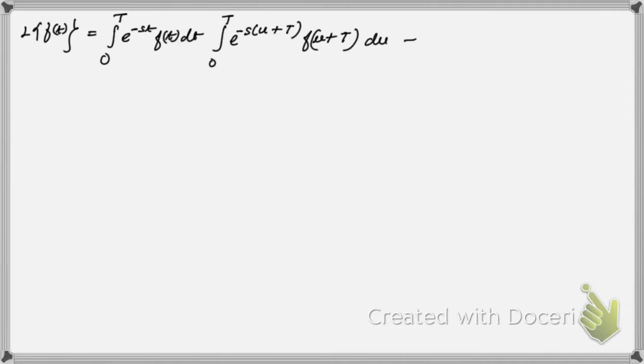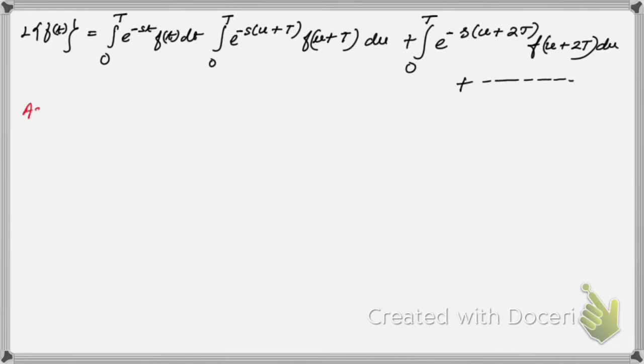After substitution of u, as I mentioned in the previous slide, small t equals u plus T in the second term, u plus 2T in the third term, and so on. Doing so, we have got this result.